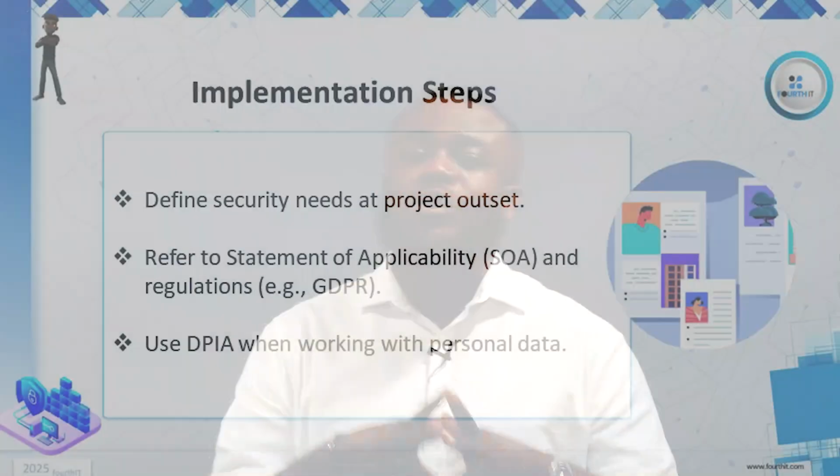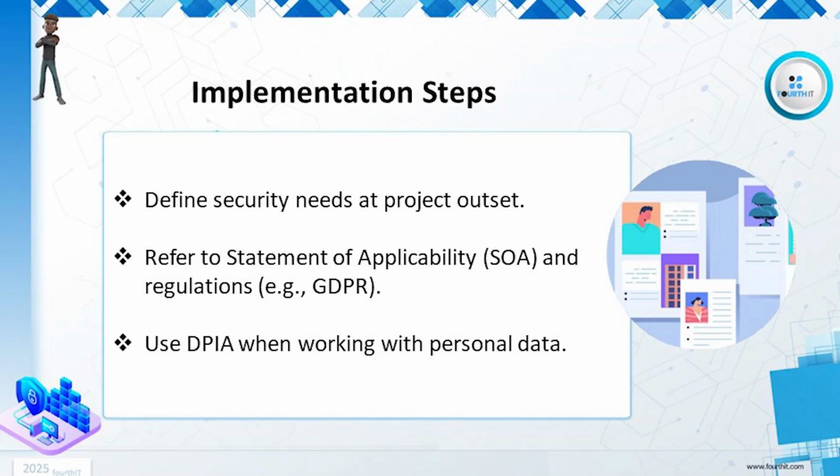At this stage, you have to refer to what we call the statement of applicability, SOA, which includes the controls that you have already selected to mitigate risks across your organization. Your SOA is a list of ISO 27001 controls you have chosen, and why? Because they apply to your organization. So, just as the name goes, statement of applicability.